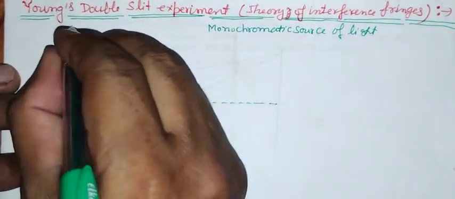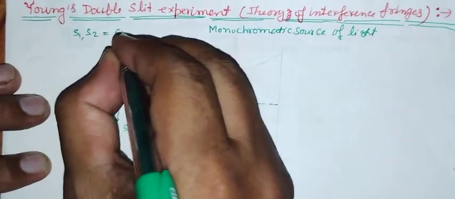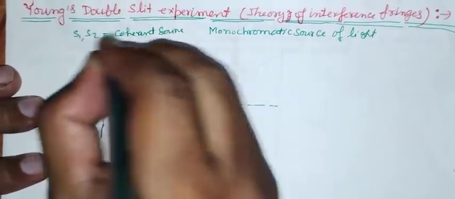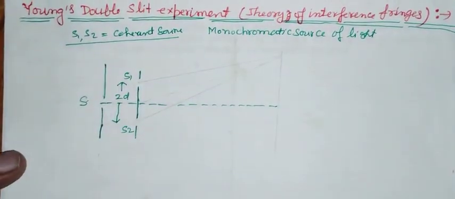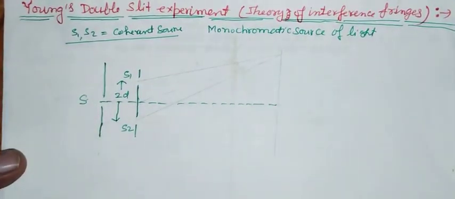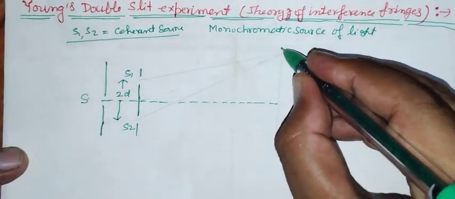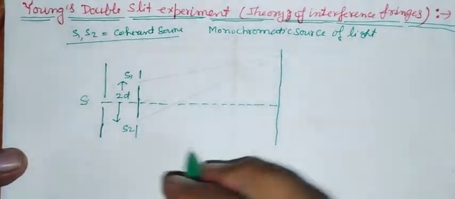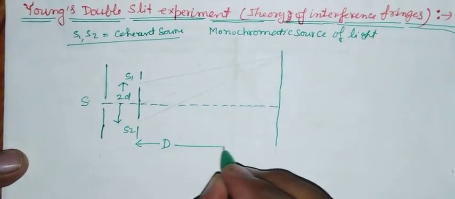Both sources S1 and S2 are called coherent sources, which produce monochromatic light of the same frequency and constant phase difference. Let there be a screen which is kept at capital D distance away from here.